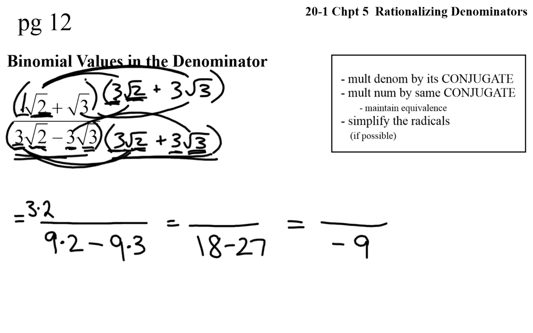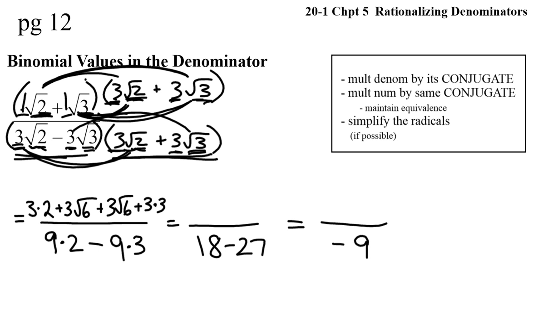Now we go 1 root 2 times 3 root 3, which is positive 3 root 6. Now root 3 times 3 root 2 becomes a 3 root 6. And now we do root 3 times 3 root 3. Again, 1 times 3 is 3, and root 3 times root 3 is just 3, so we get 3 times 3.